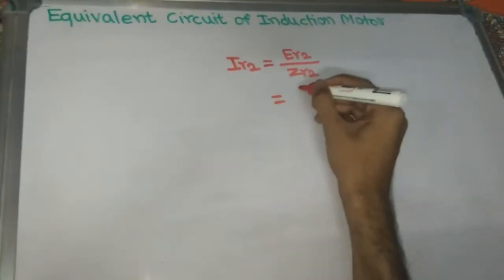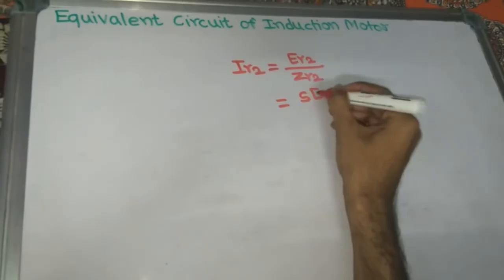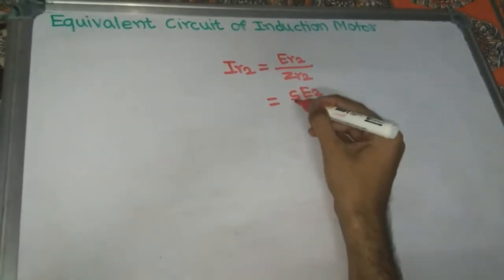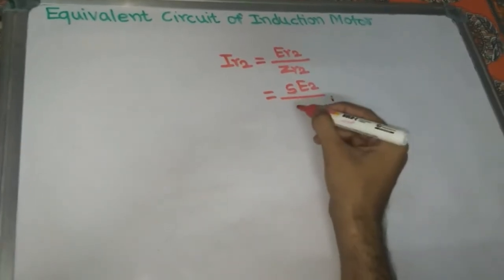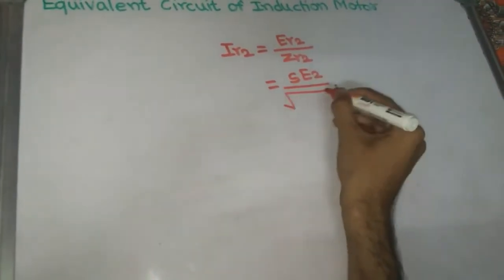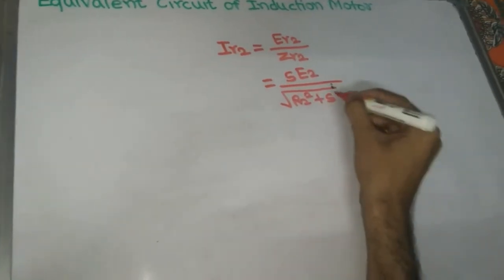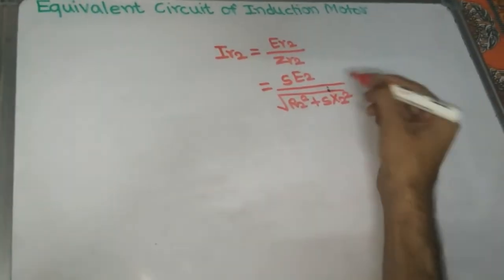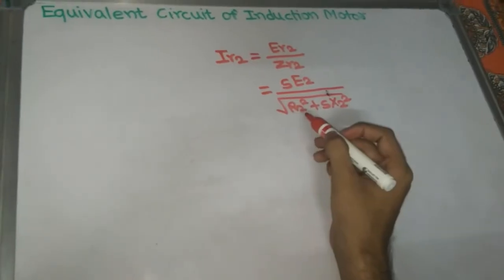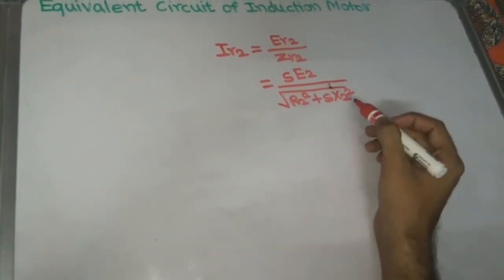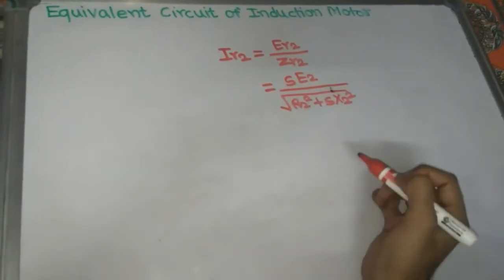So what is ER2? ER2 is equal to slip times the rotor induced EMF per phase under stationary condition, so S E2 divided by ZR2. ZR2 is the square root of R2 squared plus (S X2) squared, where R2 is the resistance of the rotor per phase and X2 is the reactance of the rotor per phase under stationary condition.